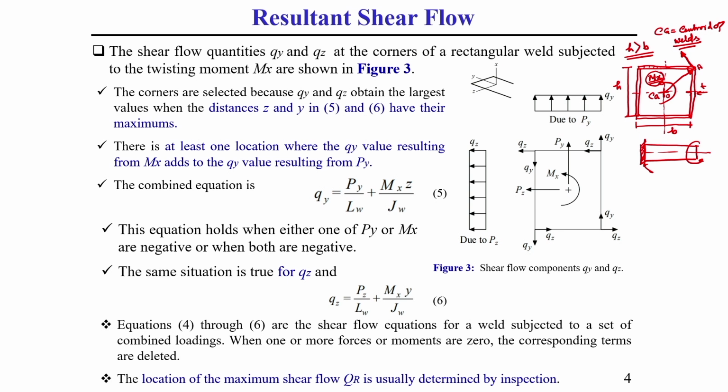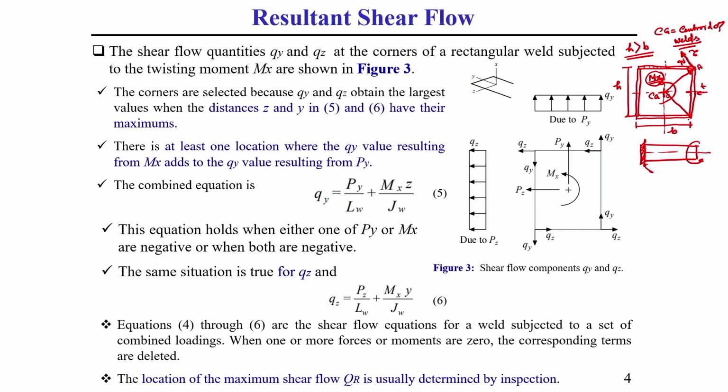As I have shown, as the Mx is anticlockwise, that is why at the A location this shear stress will act in this direction, and it should be perpendicular to OA. Similarly, at this corner point also there will be a shear stress. So, throughout the entire corner points for this rectangular case, the corner point is the maximum shear stress location.